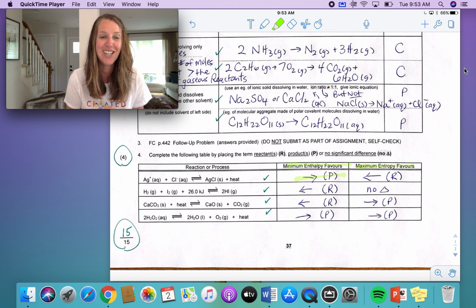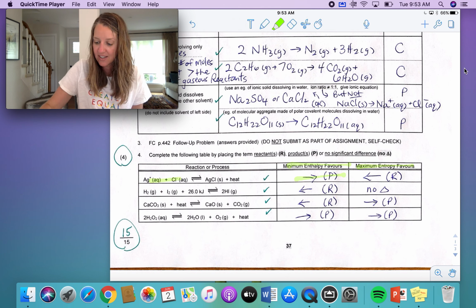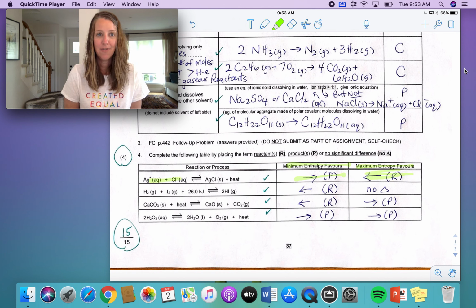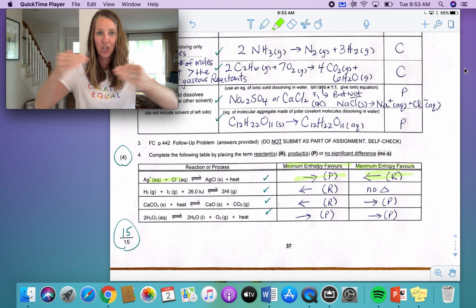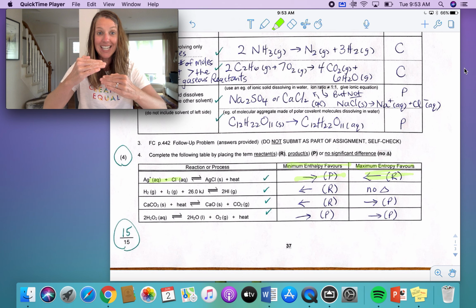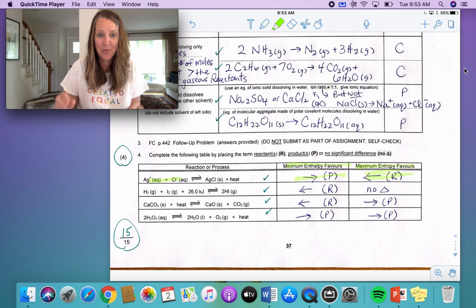Remember the terminology, there are lots of different ways to say that. Maximum entropy favors the reactants. And so if one force pushes one way and the other force pushes the other way, you're going to get a system that is stuck in equilibrium because it wants to go both ways. Those are the forces that we say drive them that way.